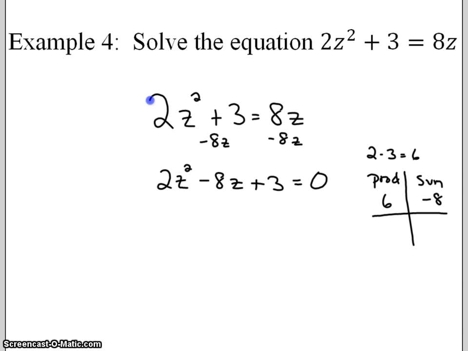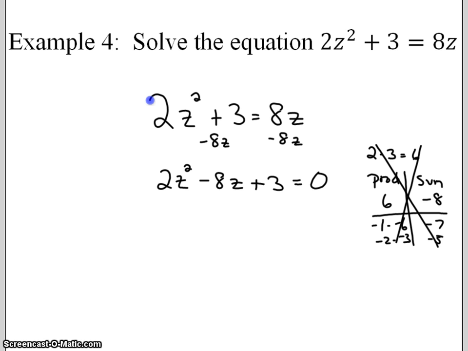Well, that means both have to be negative, and there aren't too many combinations. Negative 1, negative 6; negative 2, negative 3. Negative 1 plus negative 6 is negative 7. Negative 2 plus negative 3 is negative 5. So, not factorable.